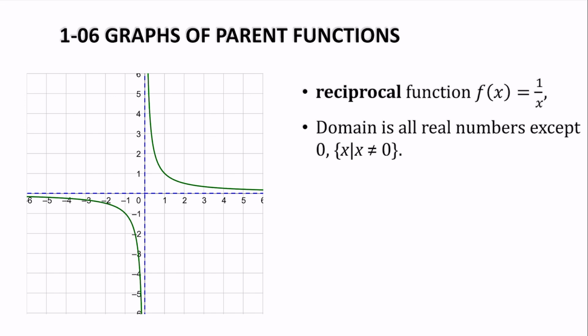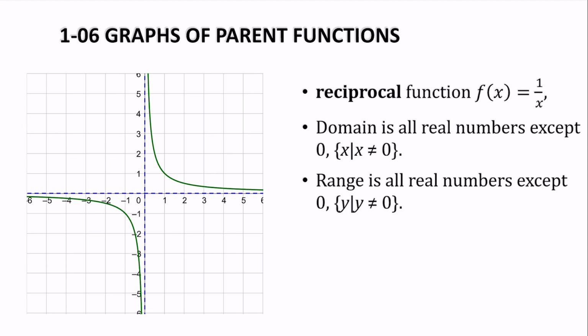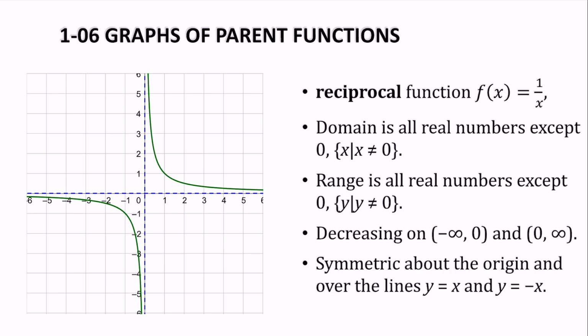And this fraction 1 over something will never equal 0, so the range is also everything except 0. It's decreasing everywhere where there is a graph, so the left and the right are decreasing. And it's symmetric about the origin. If you rotate it 180 degrees, it will look the same. Or if you reflect it over the line y equals x or y equals negative x, you'll also get the same thing.